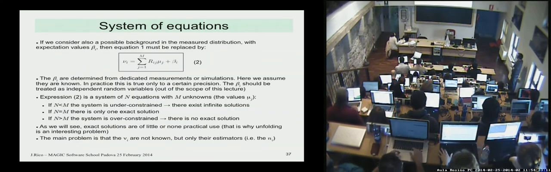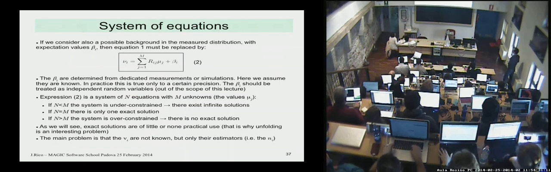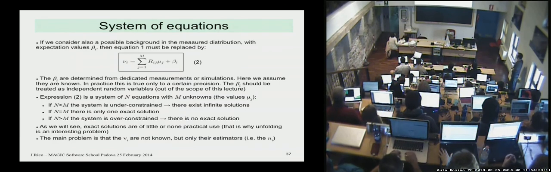Now these beta in principle are also random variables because they are determined from dedicated measurements or from simulation, and they will have uncertainties. Here we are assuming that they are known, because the problem gets more complicated otherwise, and it's somehow out of scope.